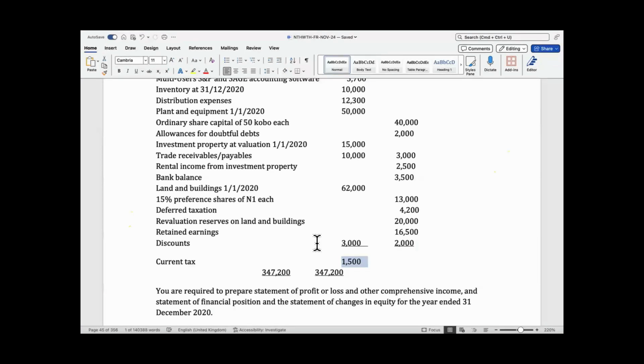This current tax on the debit side is showing us an under provision. Fantastic. It is an under provision for tax. That's correct. But what do you mean?